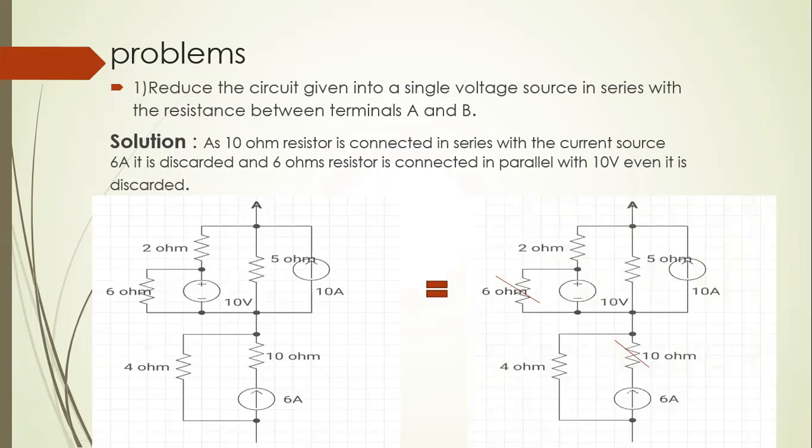In the same way, the 10 ohm is connected in series with the 6 amps current source, hence even that is discarded. Now redrawing the circuit, it will look like this.